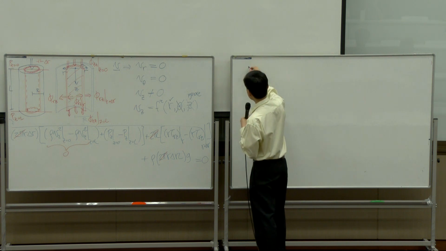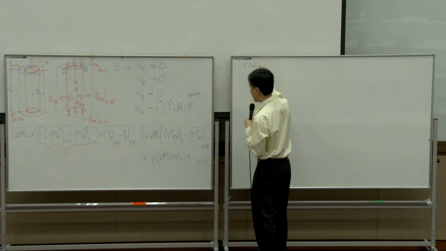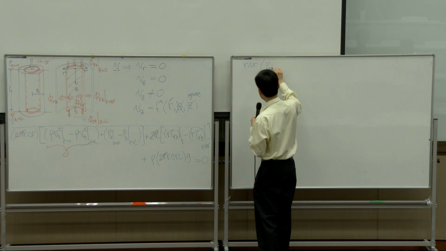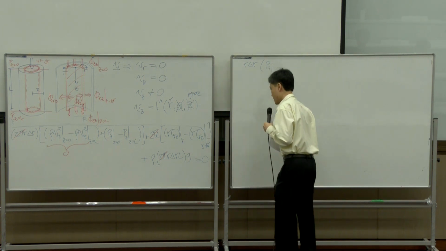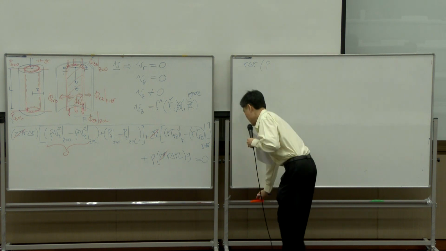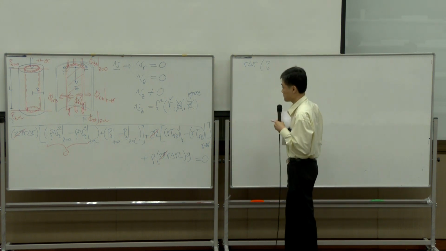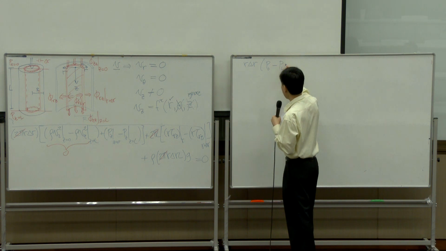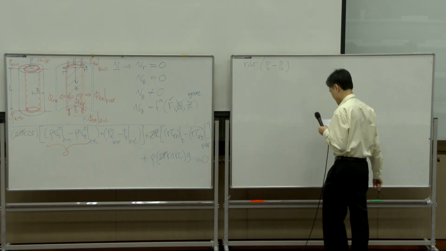All right, let's copy R delta R, PZ. Let me call the PZ at z equal to 0, in short, P0, subtracted by PL.